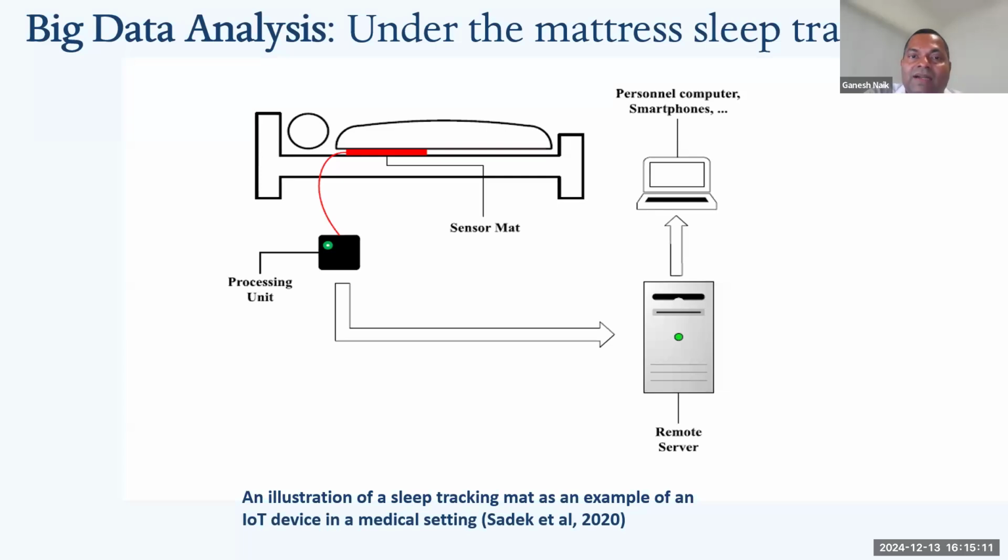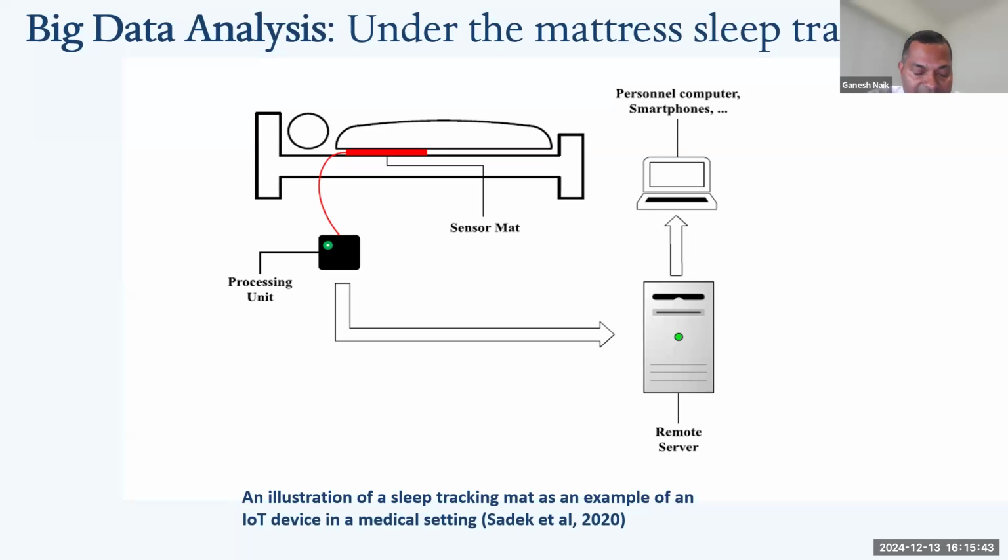And also the under the mattress sleep tracker is a very common one. As you can see in this figure, it goes under the mattress, and it uses ballistography technology. That means, based on the pressure movement during our breathing in and breathing out, it creates the signal. Those respiratory signals are used as a main parameter to detect sleep and other things.